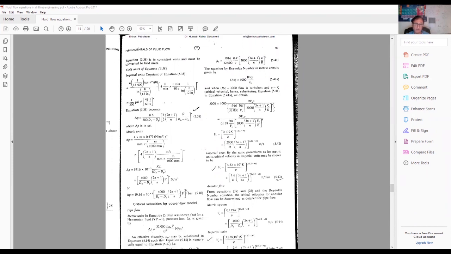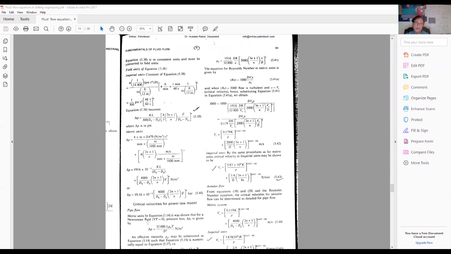So here showing it to you in bar, and you can also see it in PSI. But before you can use this equation, you have to ensure the flow is actually laminar, not turbulent. So again, you need to calculate the critical velocity for the power law. And once again, you repeat the same process.